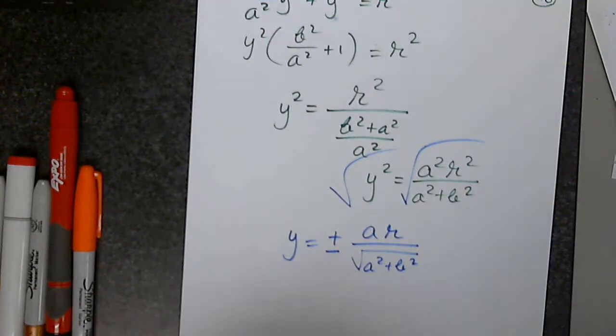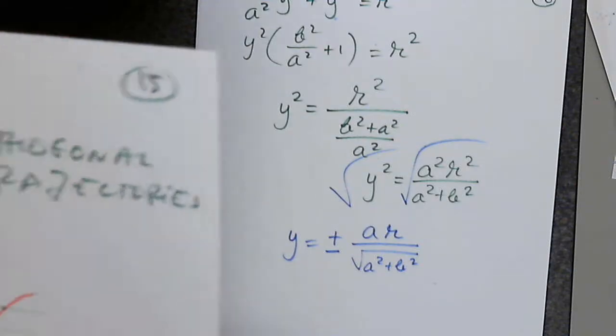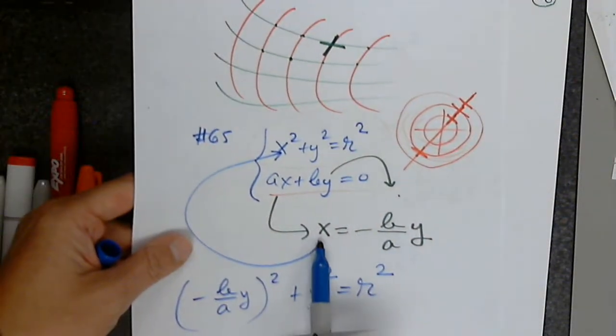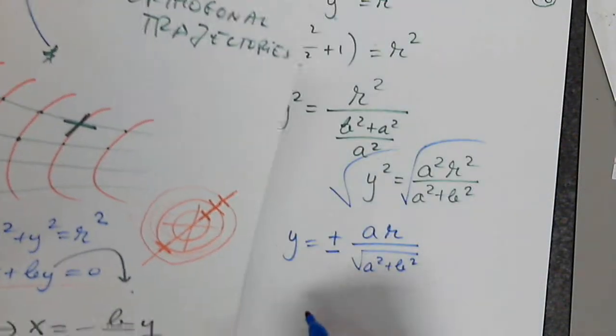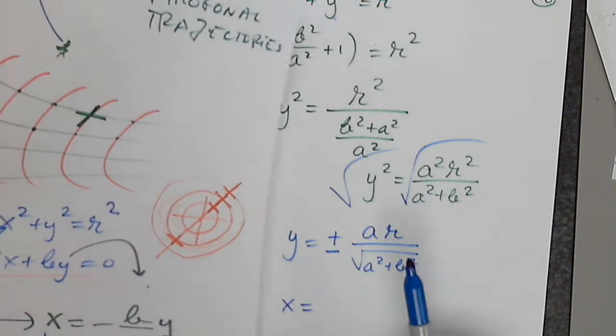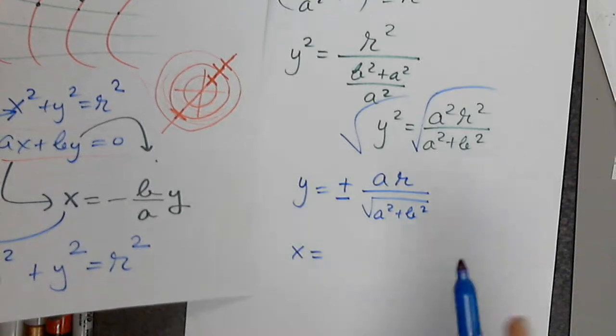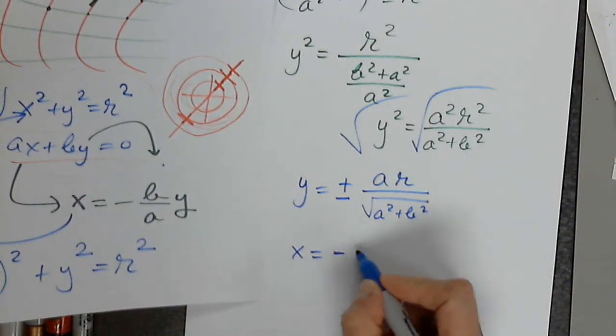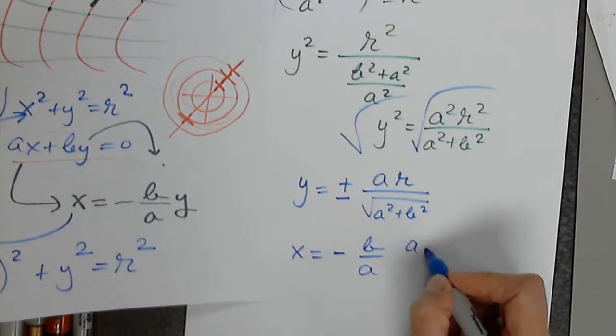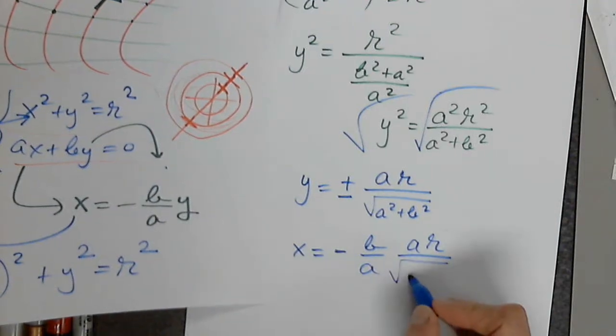So I found two different y values, but I have to find x as well. So I have x equals, when y is positive, then I have negative b over a times ar over the square root.